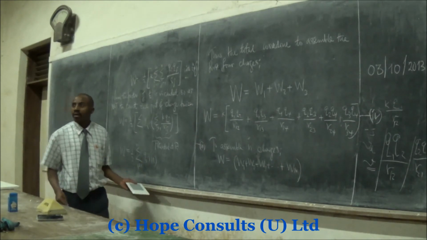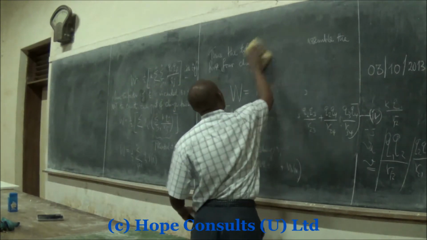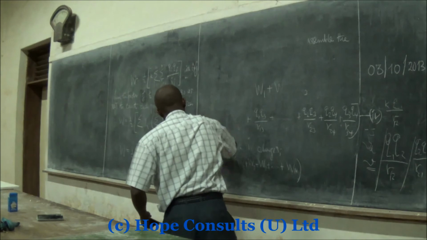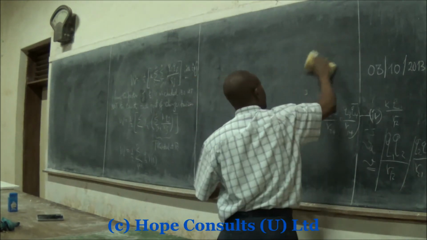This is for when you have point charges which are countable. And when they are countable, we say they are discrete.